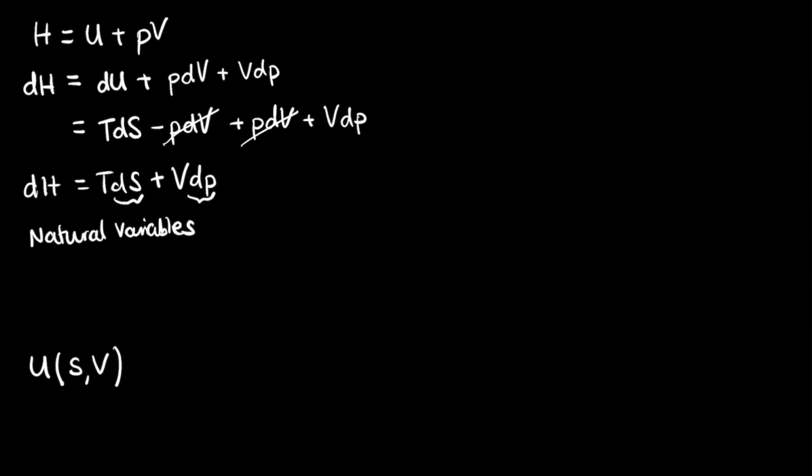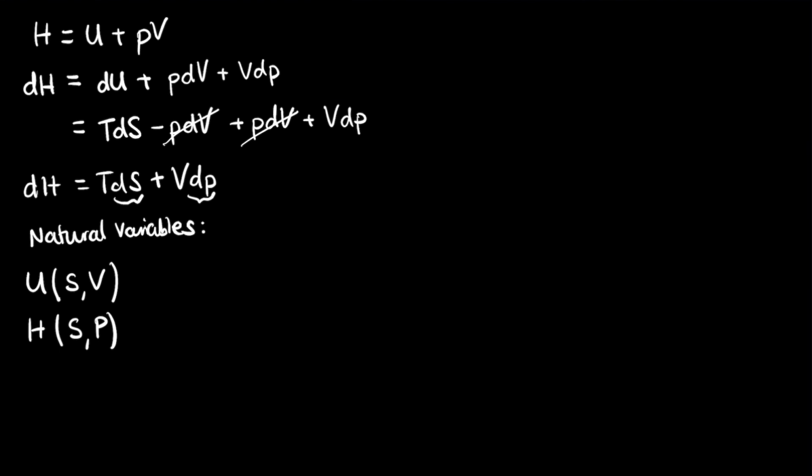So the internal energy was a function of entropy and volume, but enthalpy, we can see, is a function of entropy, just like internal energy, but it's also now better with pressure. You know, enthalpy works much better with constant pressure, as we found with heat capacity. And so the natural variables of enthalpy are the entropy and the pressure.